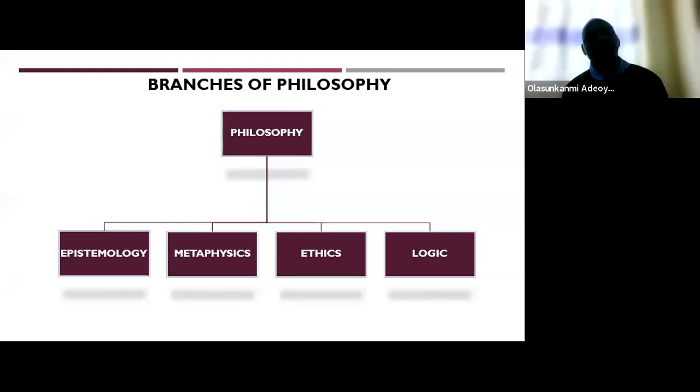Now, the second one there is metaphysics. Metaphysics is a study of reality, study of our environment, study of what it is as reality. And they ask some questions also. The first of that question is, what kind of things actually exist?